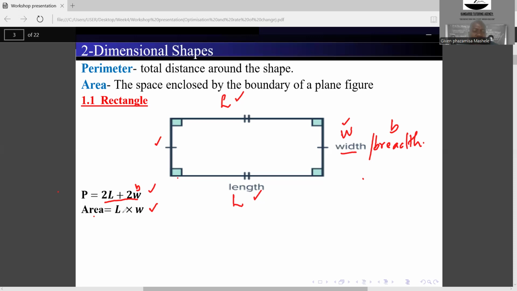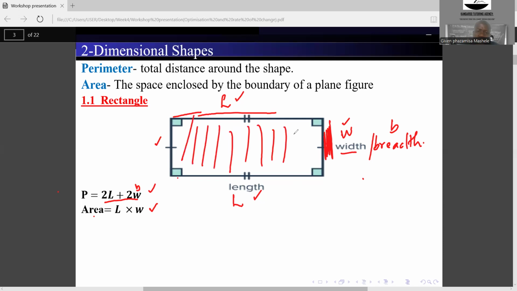Again, the formula for calculating the area of a rectangle: we take one side and multiply by the other side to get this area. So the area of a rectangle is length multiplied by the breadth or the width.